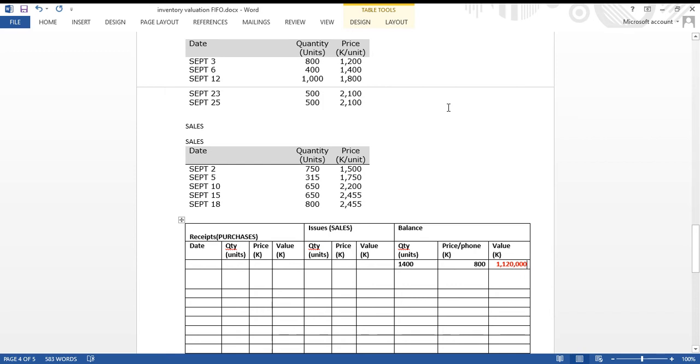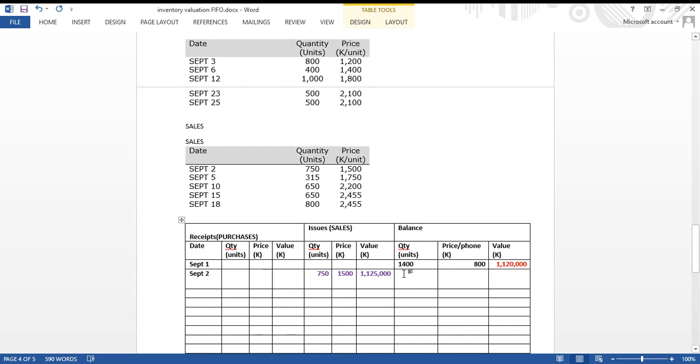And our next transaction, 2nd September: we sold 750 units at 1,500. So 750 units at 1,500 gives $1,125,000.